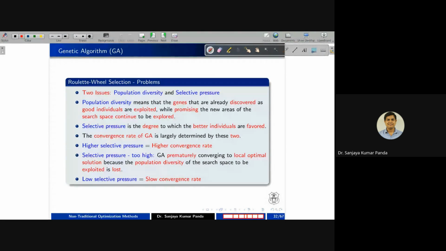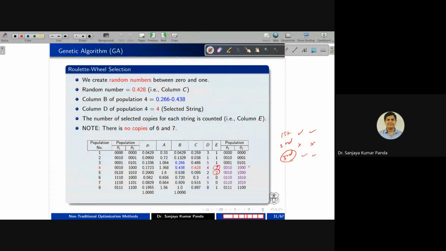So we have to find some kind of balance to solve this particular problem, which we faced in the case of roulette wheel selection, right? If you favor the good individuals, like here, if I favor these two individuals, they will cover more of the wheel. There is a most probable chance that they are going to get selected, right?